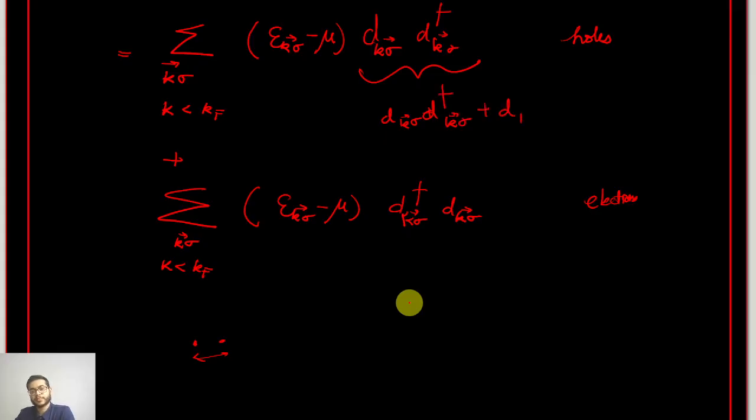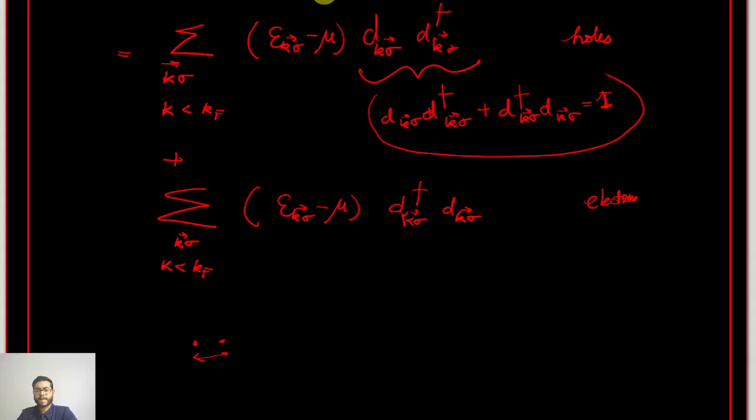This is a well-known fermionic anticommutation relation. It is a relation found in fermions. Electrons and holes are fermions. A fermion is a kind of indistinguishable particle. There are only two types of indistinguishable particles: bosons and fermions.